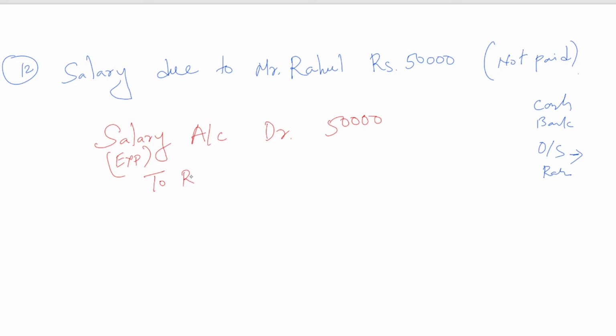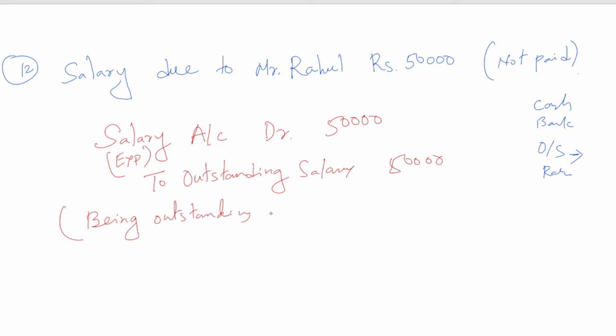You can write here Mr. Ram. Or if there are so many things, if you can identify, you can simply write outstanding salary, outstanding salary 50,000, and you can write outstanding for rupees 50,000 to Mr. Ram.